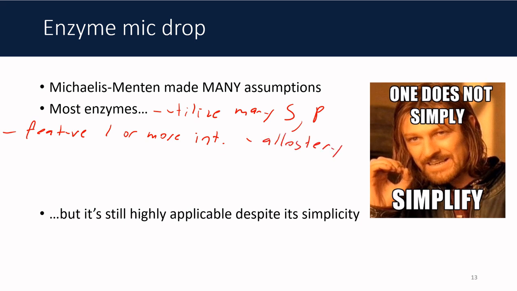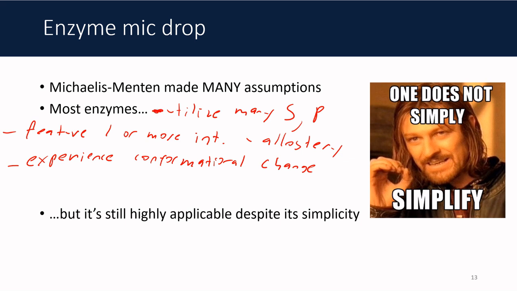Additionally, many enzymes have allosteric sites where effectors can come in and activate or inhibit the enzyme from functioning. And either through allostery or covalent modification, enzymes can also experience conformational change, which in turn modulates their activity.